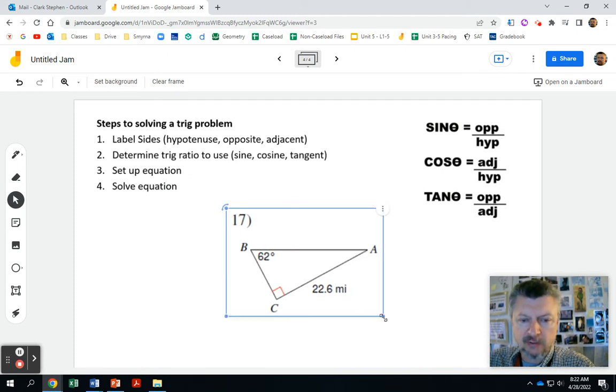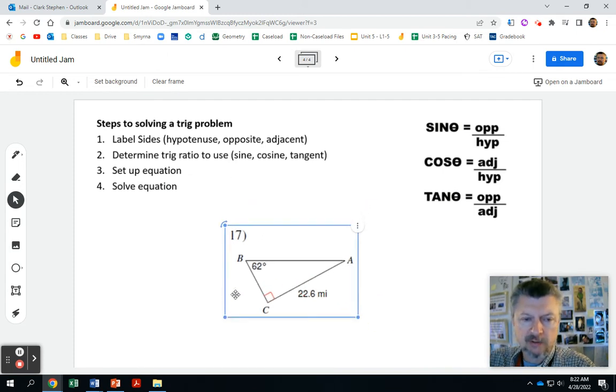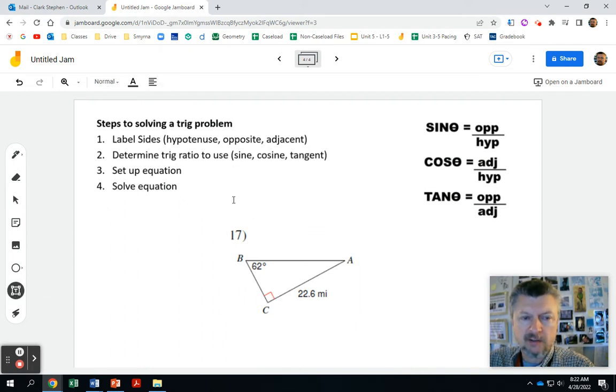All you need to do, now you know the angles in a triangle add up to 180 degrees. So you take 180, subtract 90, this one's 90, right?